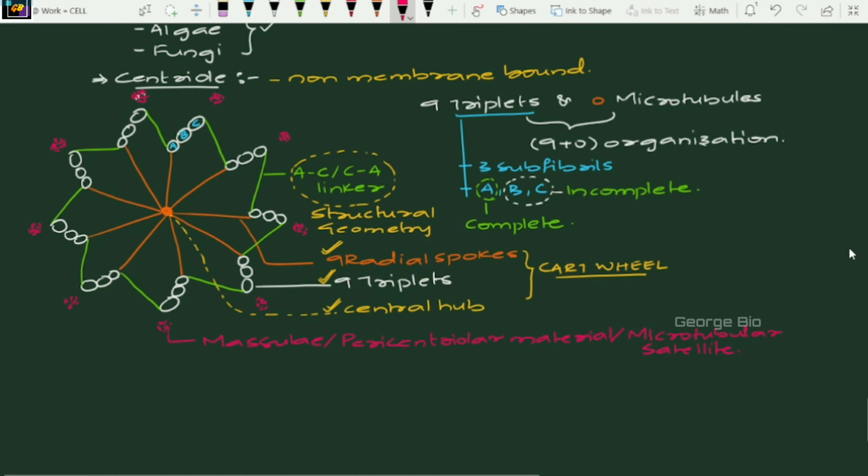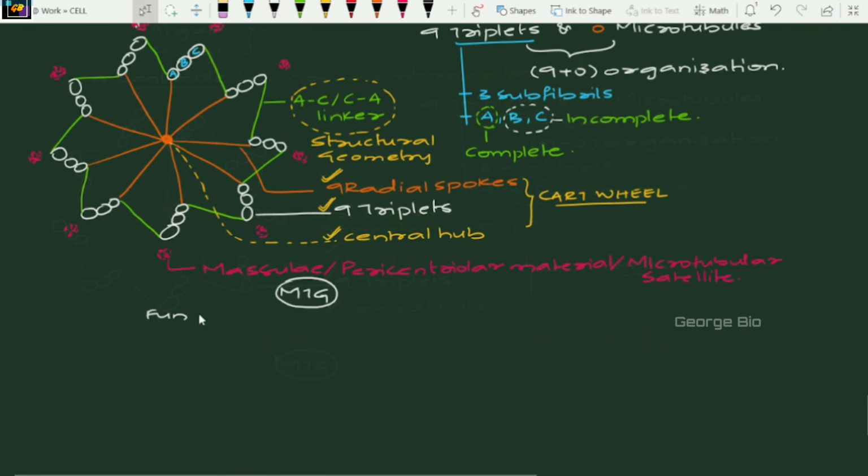Now what is its function? It helps in the formation of microtubules. So it acts as an MTG, microtubular generator. That is its function. Let's go with the overall functions of the centriole. Now these centrioles help in generating the microtubules. It means they help in the formation of the spindle apparatus during the time of the cell cycle.